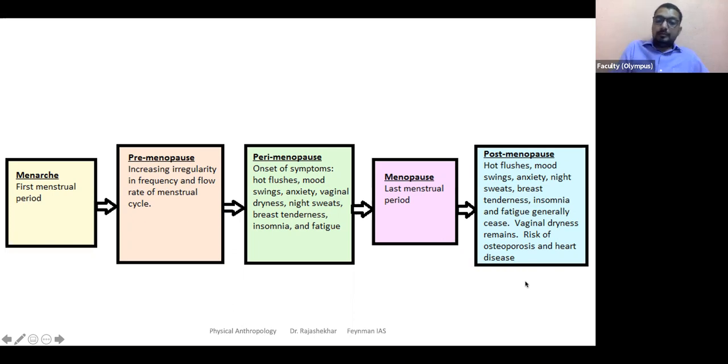And the problem with menopause is that women become more and more prone to certain problems because estrogen levels decrease. All of this is happening because of hormonal imbalances or hormonal changes. When estrogen decreases, calcium absorption also decreases. So women after menopause are more and more prone to osteoporosis.